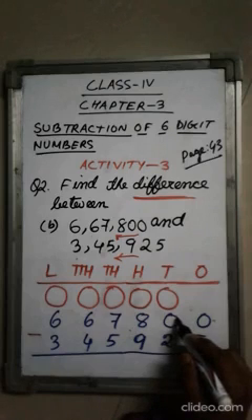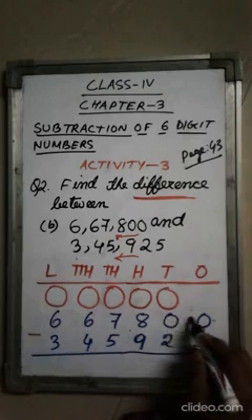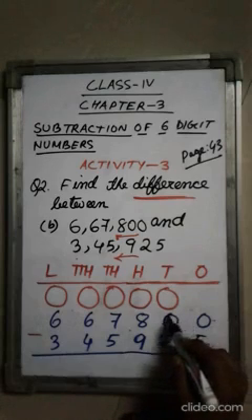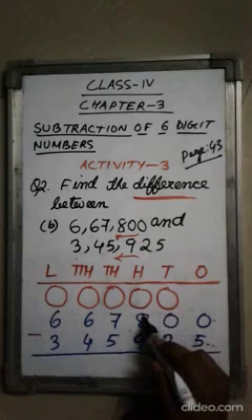Here also we are having 0. We cannot borrow 1 from 0. We cannot borrow anything from 0. So for borrowing the number, we shall go to the next place.